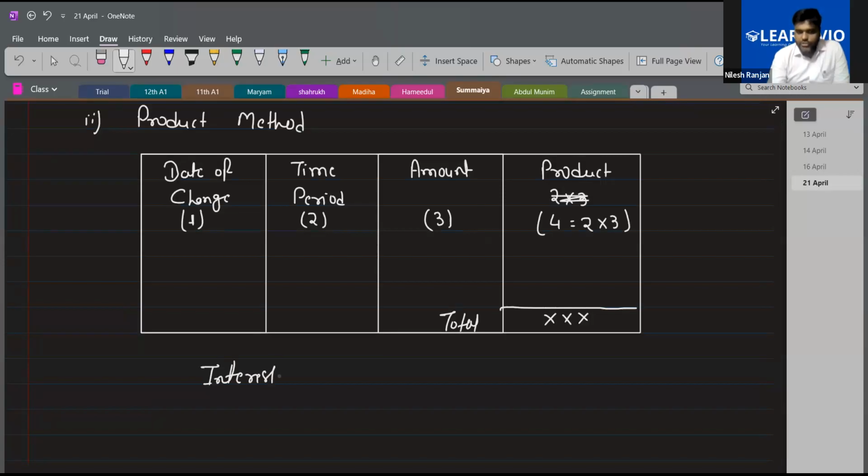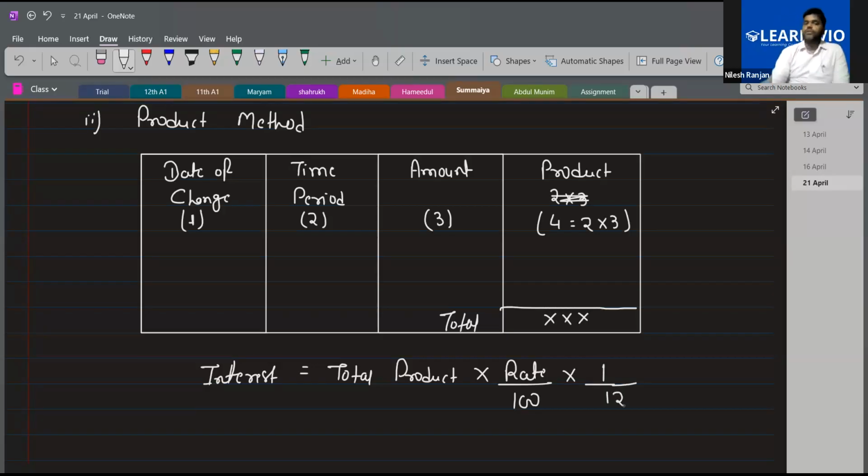So interest equals total product into rate by 100. And interest will be calculated for 1 day or 1 month, you can say. So 1 by 12 or 365, whatever, generally 12. So total product into rate by 100 into 1 by 12.